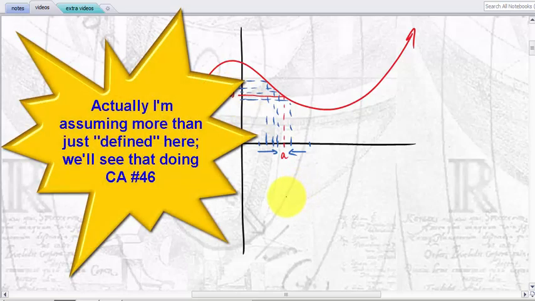What is that specific value? This specific value is going to be f of a. So when the function is defined, then the limit of f of x as x approaches a is just f of a. This actually is a definition of a continuous function at a.